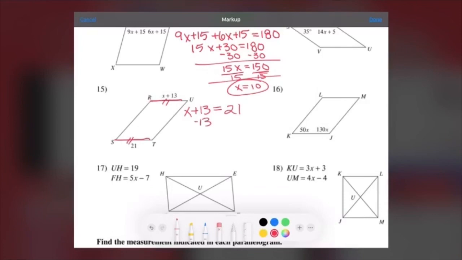Subtract 13 from both sides, and x is equal to 8. Alright? So just remember, opposite sides of a parallelogram are equivalent.